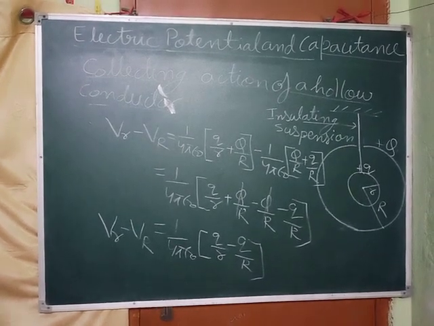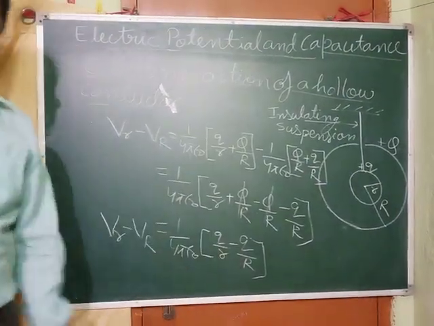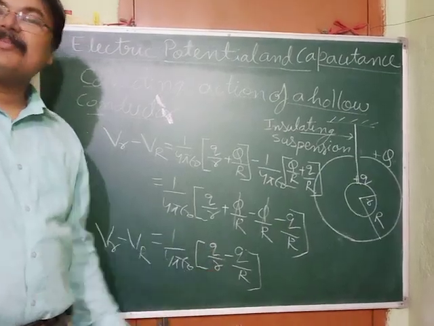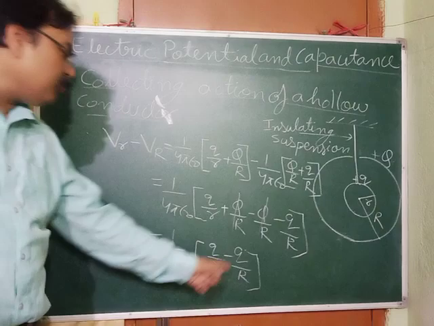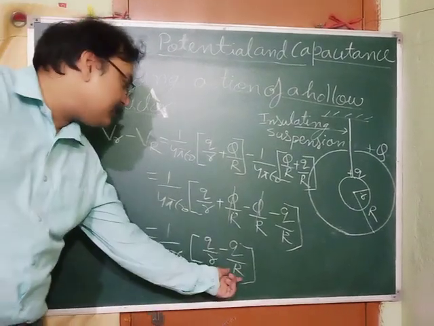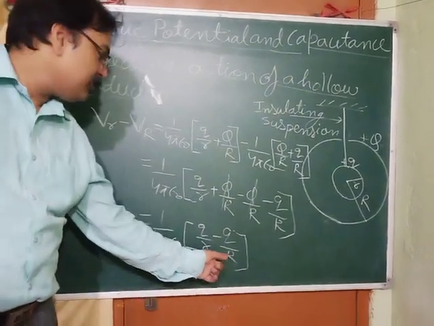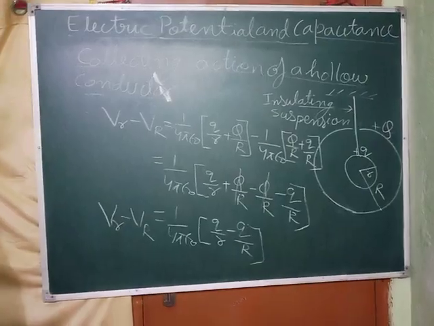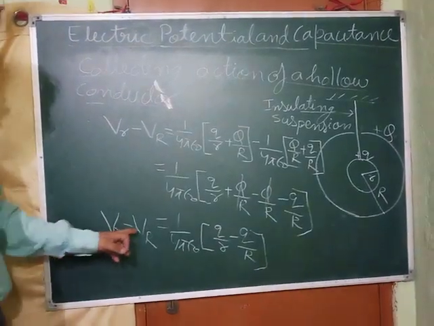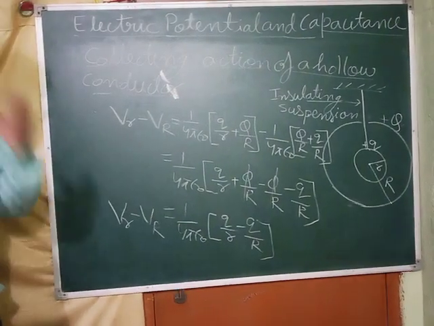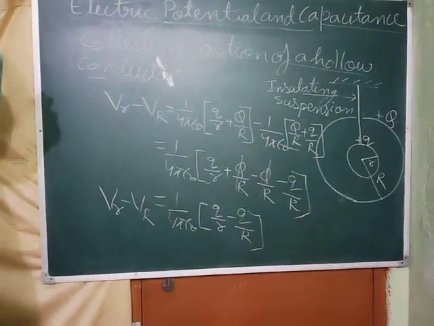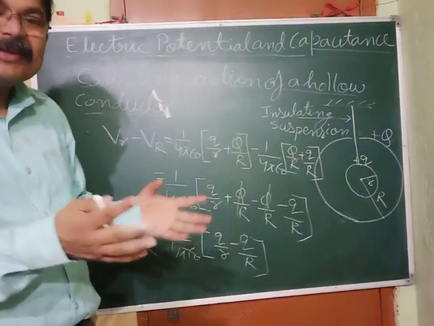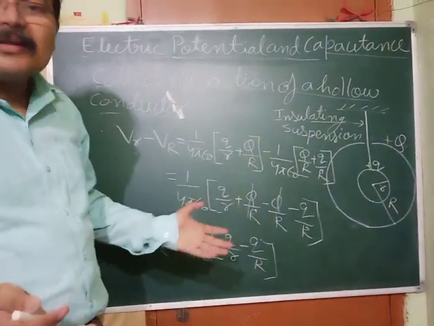What do you find? Whose potential is more in this case? Obviously, q by small r is more than q by capital R, because capital R is larger than small r. So this value is lesser, this value is more, so we are going to get positive. Can you find capital Q here at all? No. That means whatever charge is there on the external surface of the outer sphere doesn't matter.